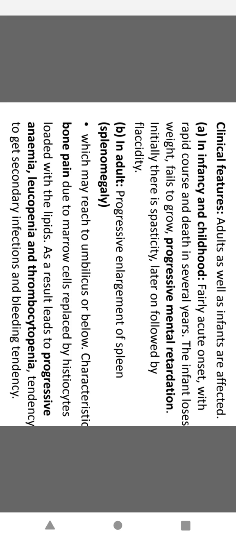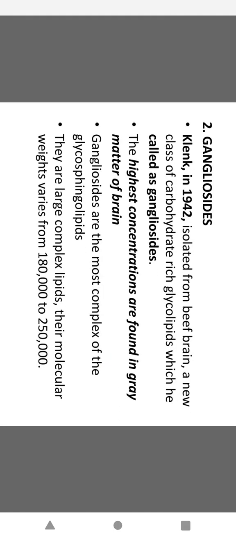Splenomegaly occurs. Splenomegaly means enlargement of the spleen, which may reach the umbilicus or below. Characteristic bone pain occurs due to marrow cells being replaced by histiocytes loaded with lipids, so simply called lipid storage. As a result, this leads to progressive anemia, leukopenia, and thrombocytopenia, a tendency to get secondary infections, and a bleeding tendency.